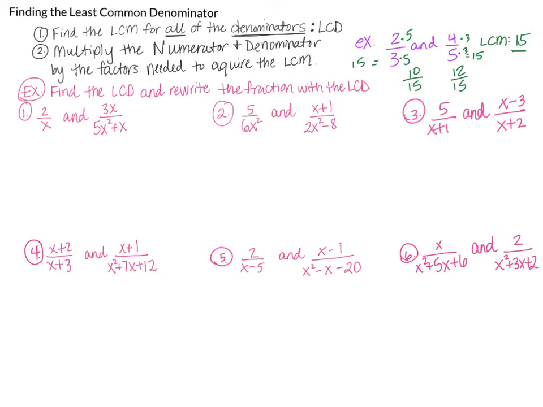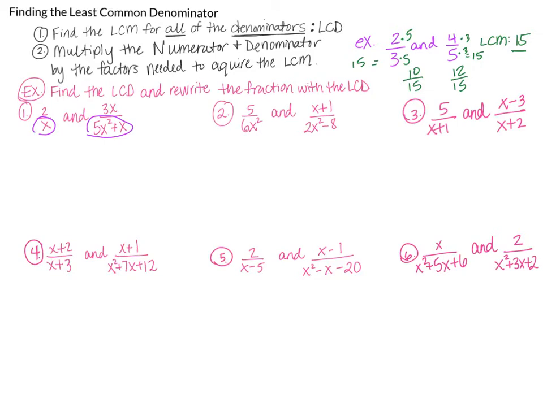All right, so let's give it a try now with our variables. It's the same idea. All we're going to do is amp it up a little bit because our least common multiple is now going to have variables. Looking at this first example, I want to find the least common multiple between x and 5x squared plus x. Remember, we wanted to factor.